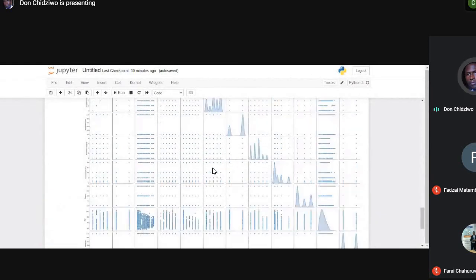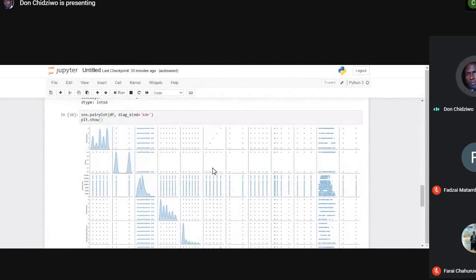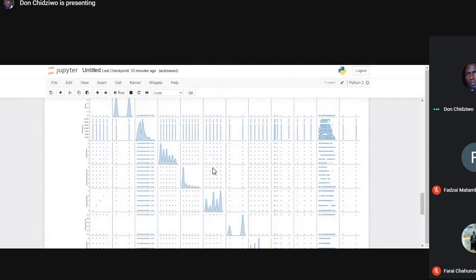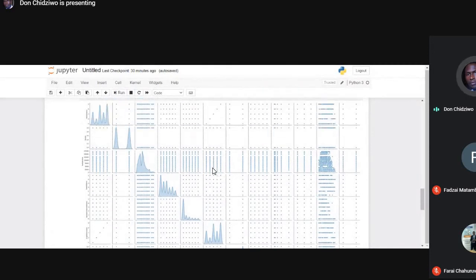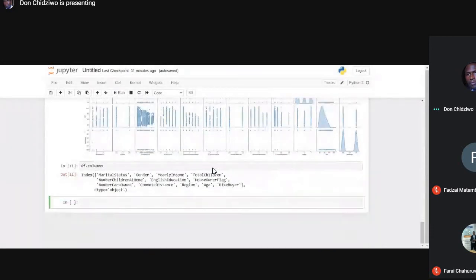So it turns out the majority of our variables are categorical. Can you see this? So this is a pair plot.